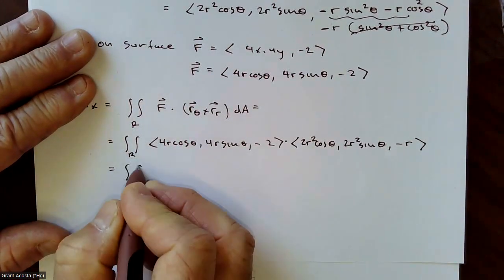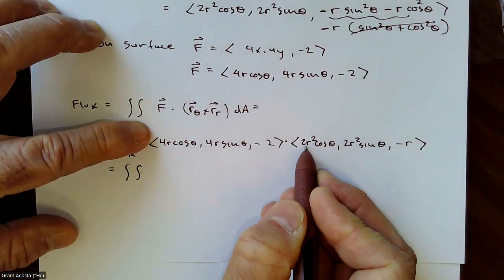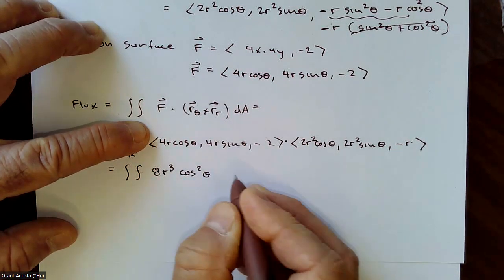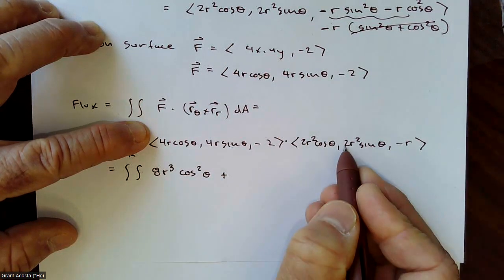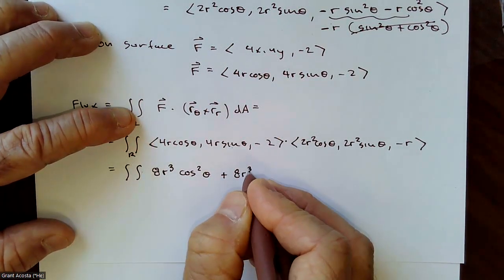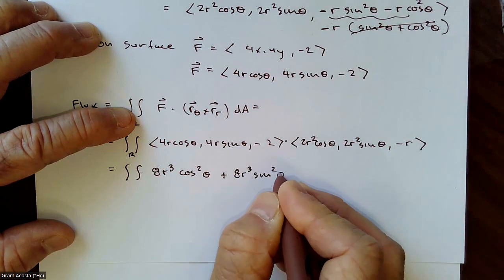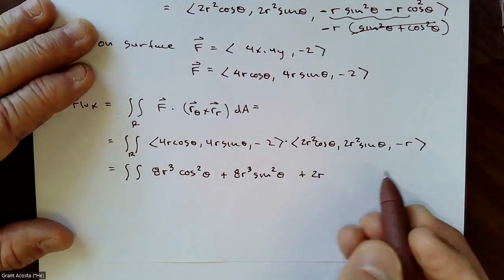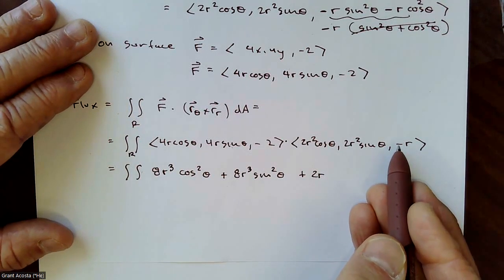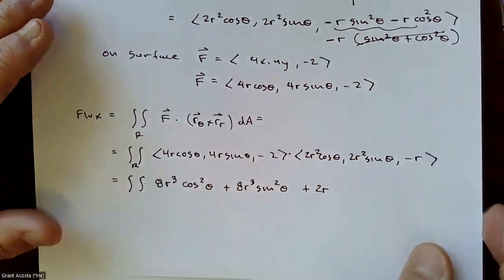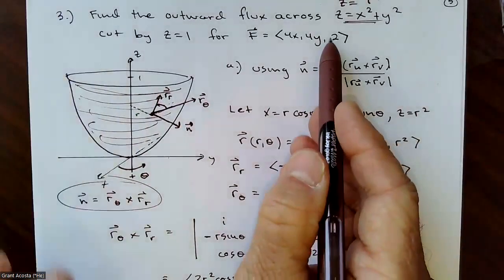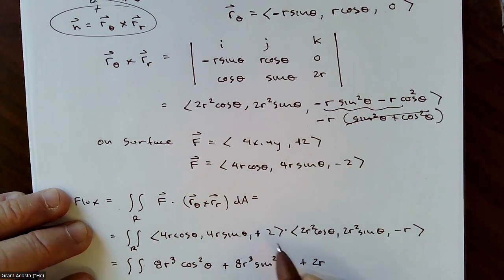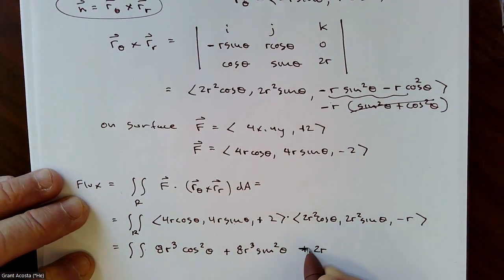And that's going to give me 8r cubed cosine squared theta plus 8r cubed sine squared theta. I can simplify that. And then minus 2r. Oh, I got that backwards. Original function F was plus 2, so this should have been just plus 2 here. So that's actually going to be minus 2r.